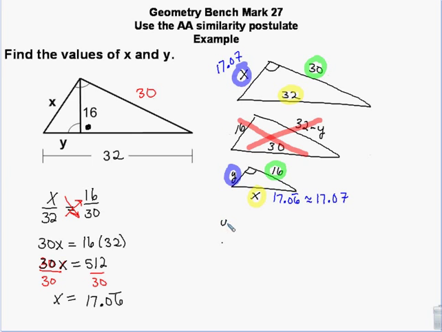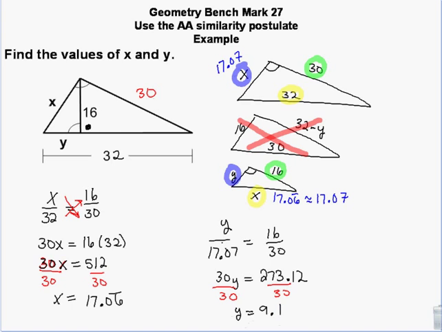So now I will have y over 17.07 is equal to 16 over 30, which will give me 30y is equal to 16 times 17.07, which is 273.12. Divide both sides by 30. And I get 9.1.